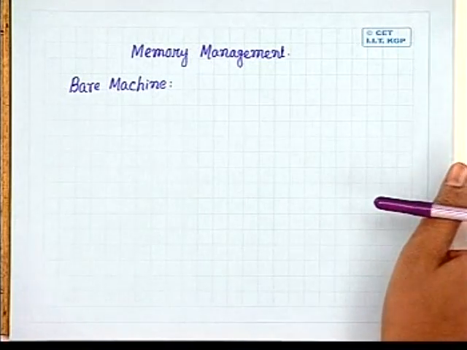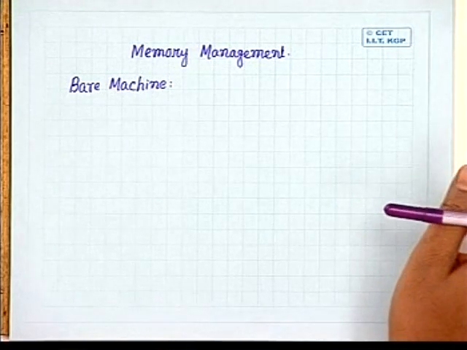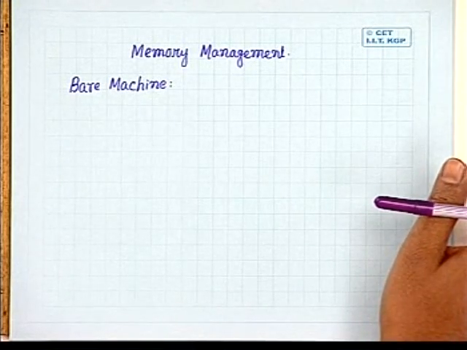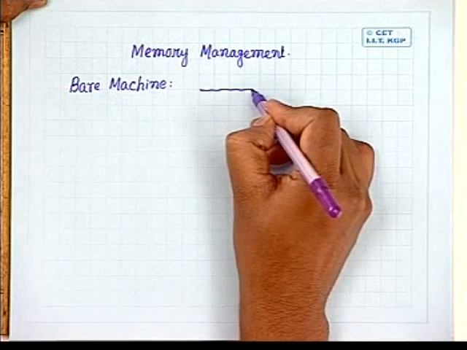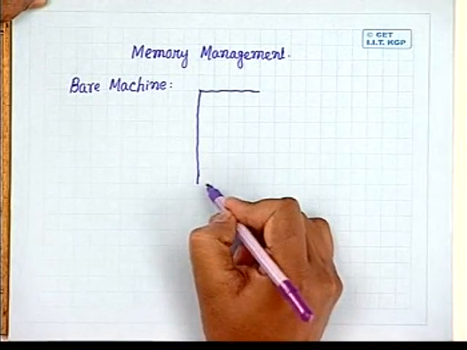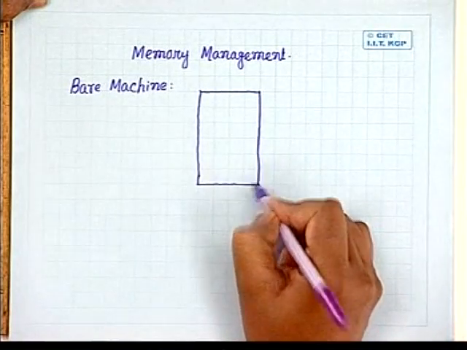Whatever tasks will be handled by that system, or the management of all those tasks, will be decided by the designer himself. That means the memory model used in such a bare system is a blank memory. There is no operating system preloaded in the system.